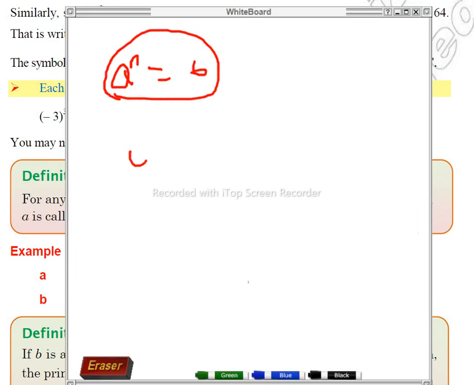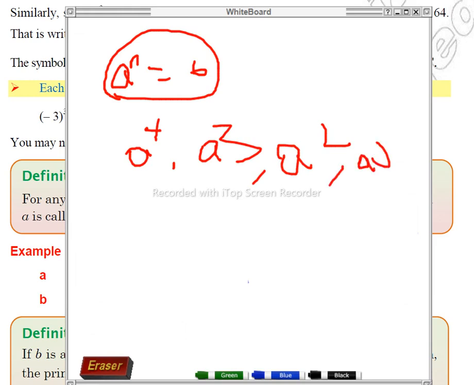For example, if you take a to the power of 4, a to the power of 3, a to the power of 2, a to the power of 5, we can give many examples.